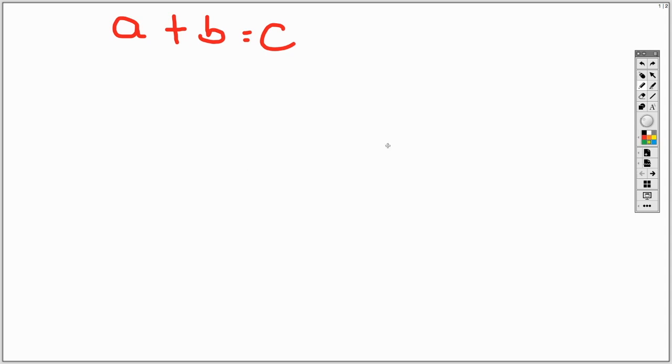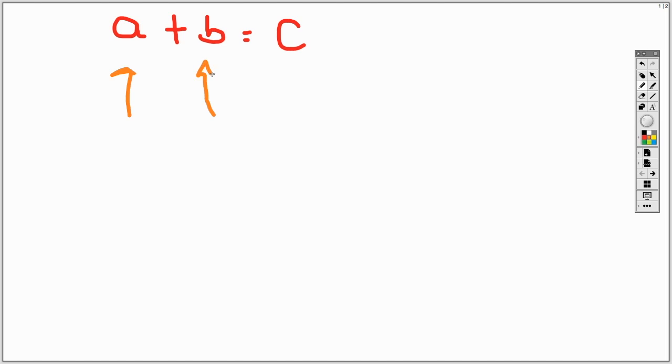Basically, these letters are also variables. If you remember from past videos, our X variable was that mystery number, which we were always trying to solve. However, in this literal equation, it's a little different. A could equal the amount of blue candies.